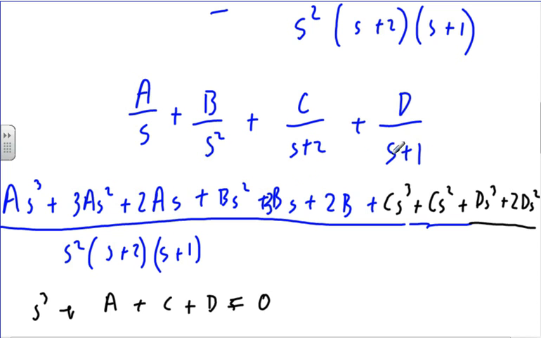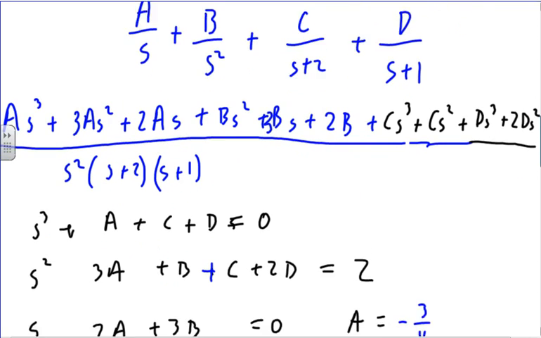I need that times that, b, b, b. Okay, I need this one plus an s squared. cs cubed plus cs squared. ds cubed plus 2ds squared. Okay, so that looks right.